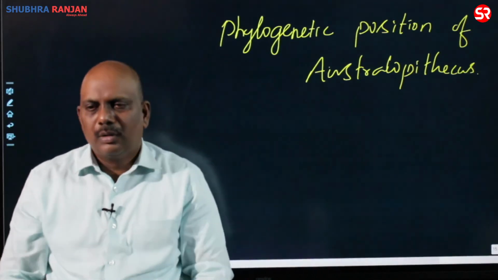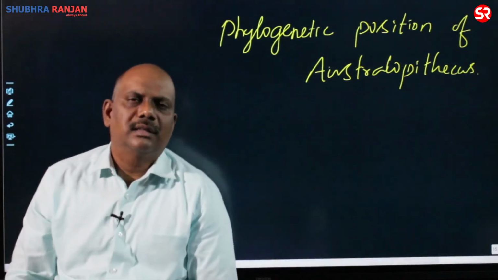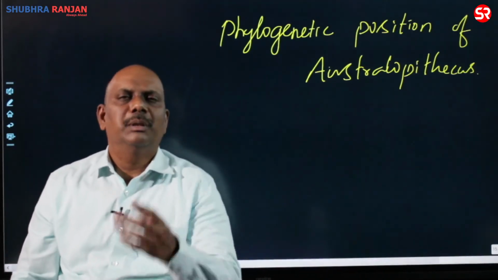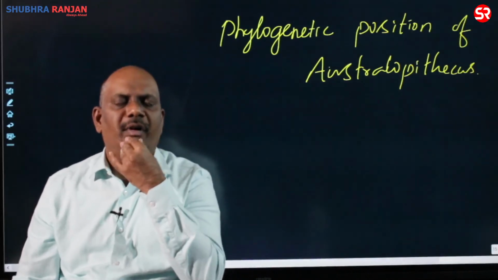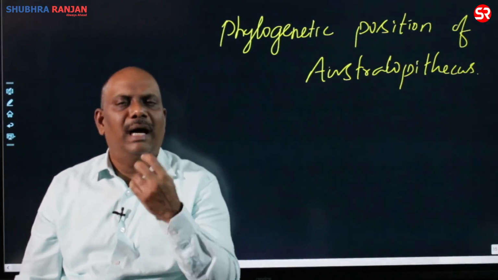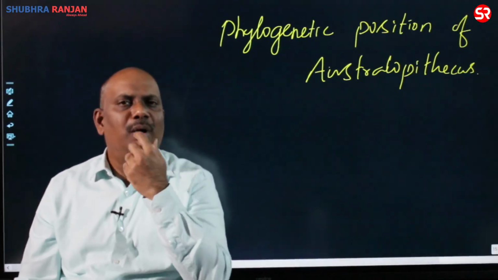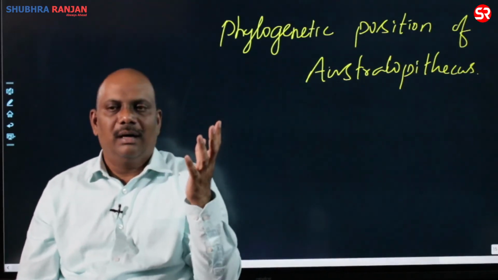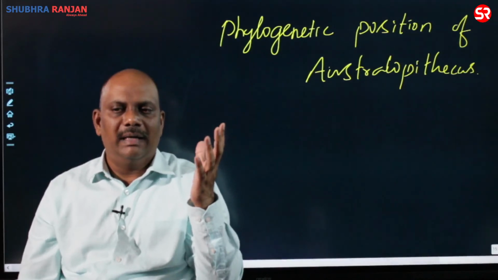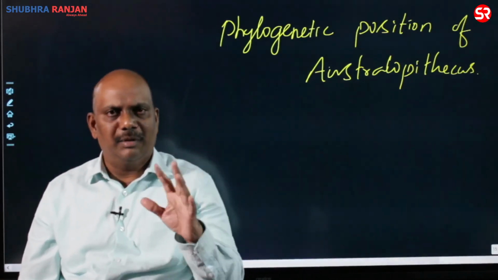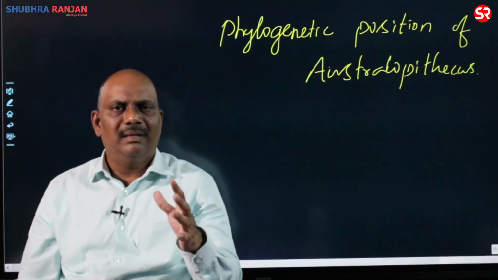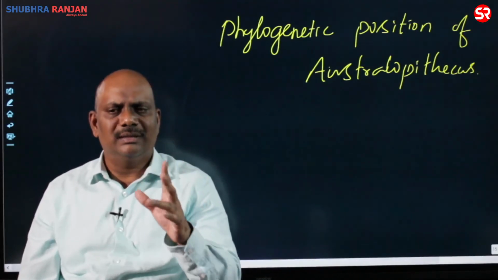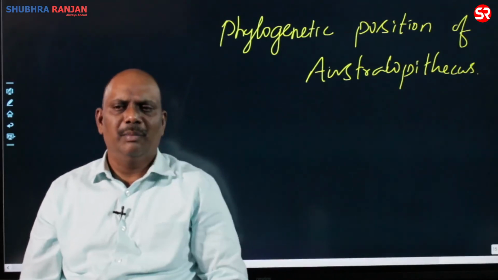Okay. So there are a number of characters in Australopithecus which are truly human. Most importantly, the parabola-shaped dental arcade, absence of diastema, very small canines. Then the cranial capacity, a large cranium when compared to the contemporary apes. Along with that, the bipedal locomotion. This all suggests that Australopithecus is in the line of human evolution.